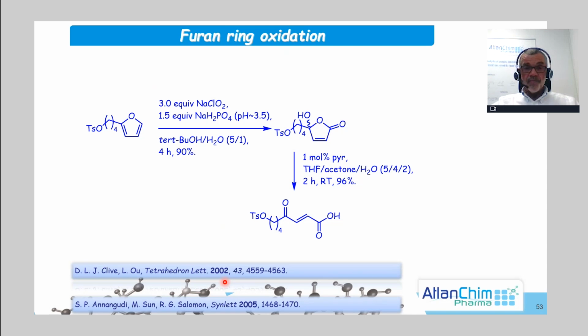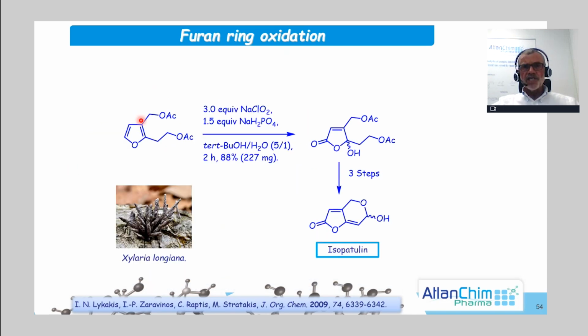This furan ring oxidation was applied in the total synthesis of this metabolite produced by the fungus Xylaria longiana. Oxidation of this 2,3-disubstituted furan intermediate with sodium chloride gave this gamma-hydroxybutenolide in 88% yield on a 200 milligram scale.